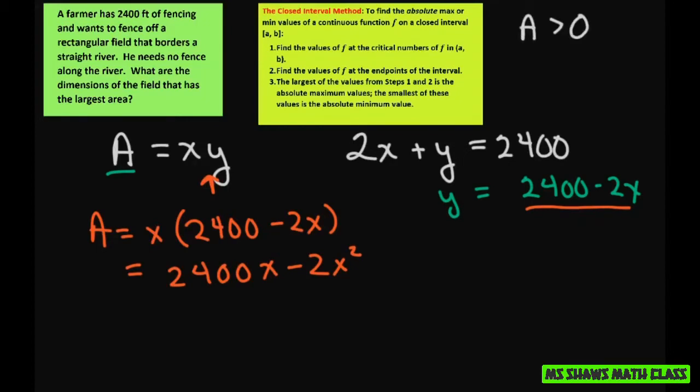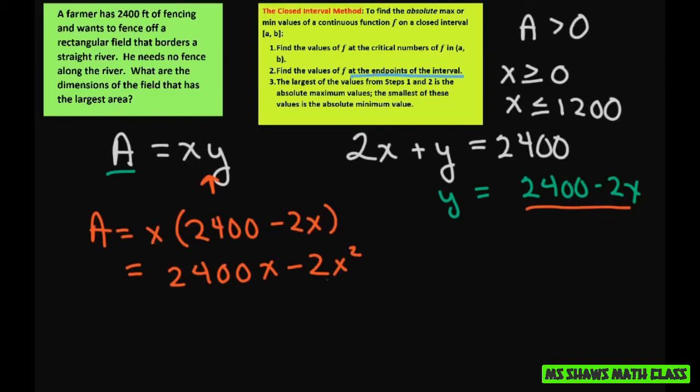So that means our x has to be greater than or equal to 0, and also it's going to have to be less than or equal to 1,200. All right, if you divide both of these by 2, you get the 1,200. So, because area has to be positive, we do have endpoints, and that's the endpoints we're going to test.